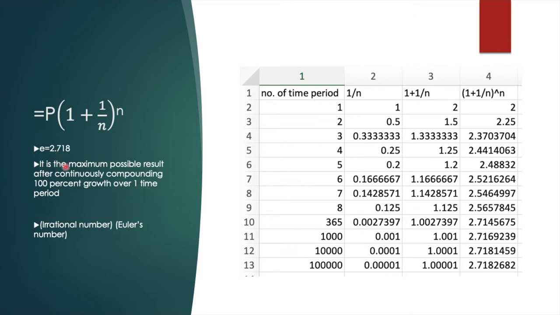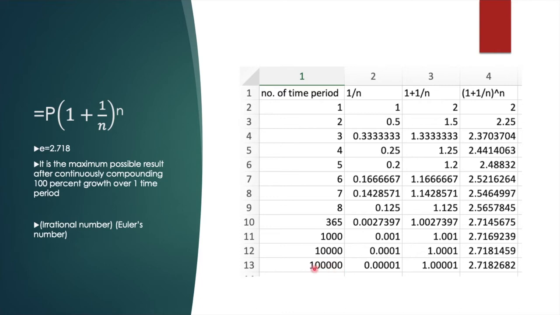So E is the maximum amount you will get back if your principal amount is 1 and you have been given the maximum interest rate, and the time period is compounded continuously.